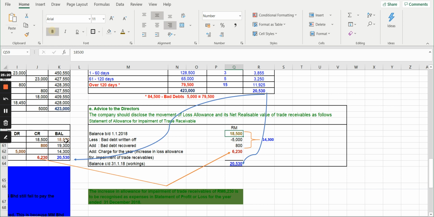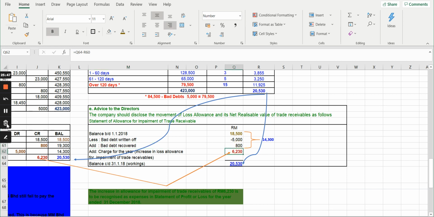Bad debts written off was 5,000, from CC. This is the entry here. Bad debts recovered, the 800, from here. And remember, bad debts were recovered from a different customer than the one written off. And at the end, this 6230 should be put here. You add the charge for the year.